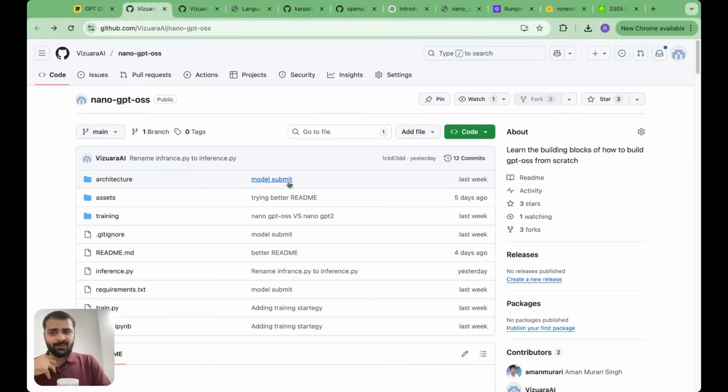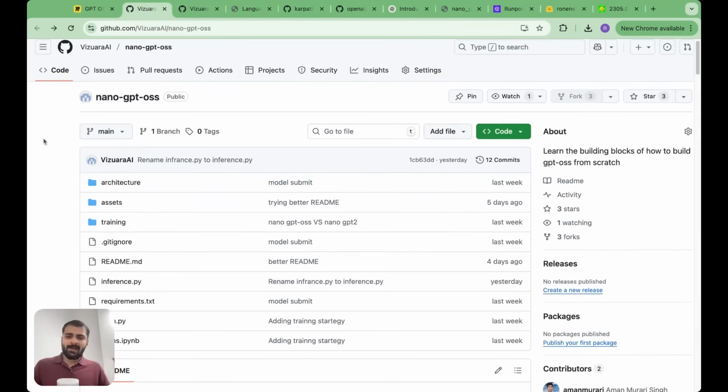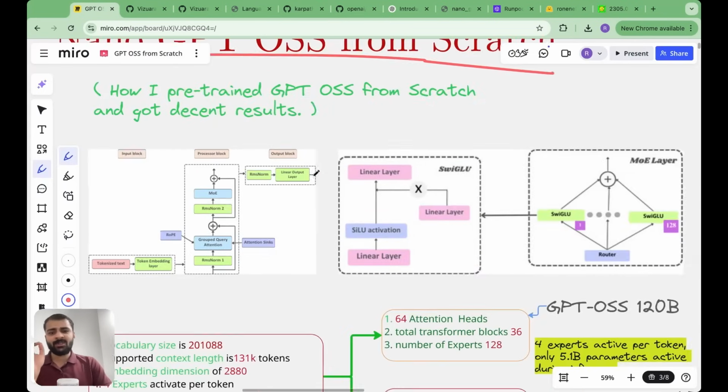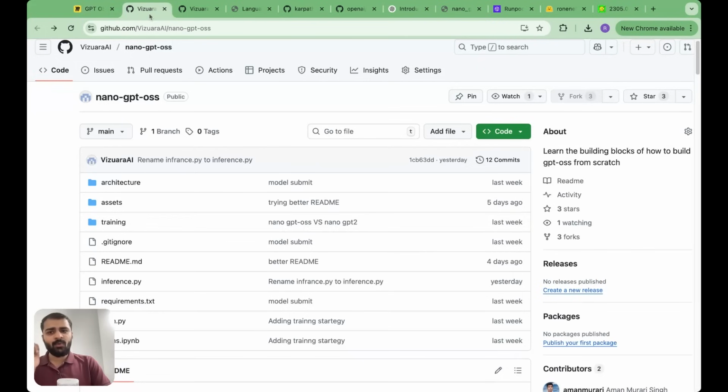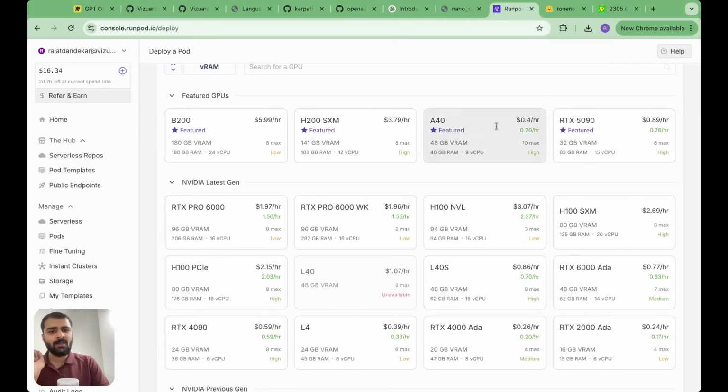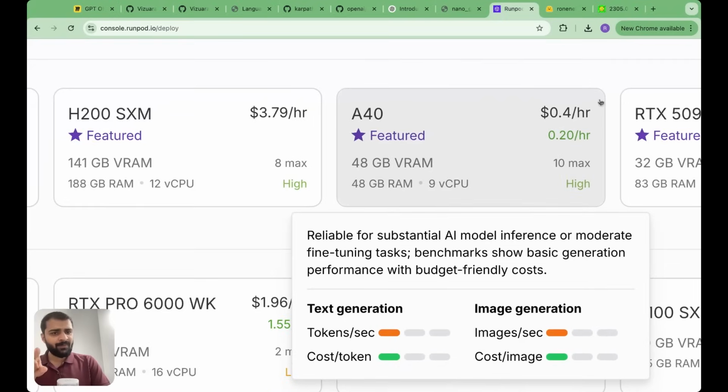For the purposes of this video, I am going to show you how to build a nano version of the GPT-OSS, which has a reduced number of parameters, but which maintains the exact same architecture which they have used. Secondly, this nano version is so cool that it actually runs only on one GPU. You can use the A40 GPU, $0.4 per hour.